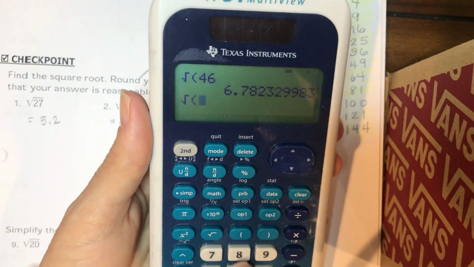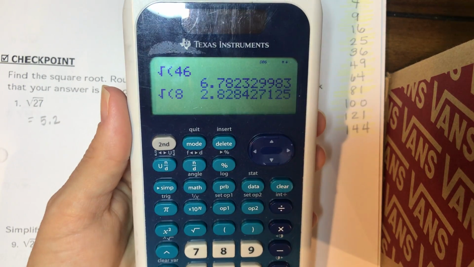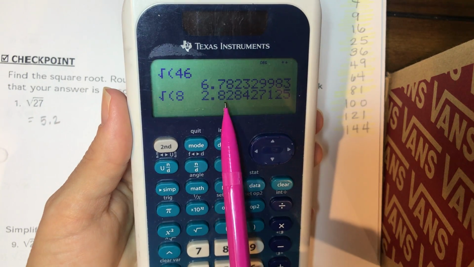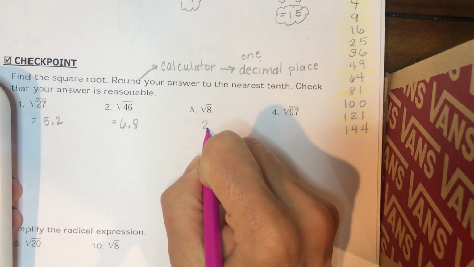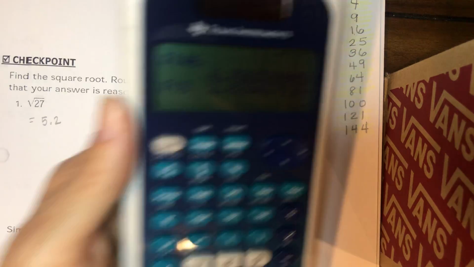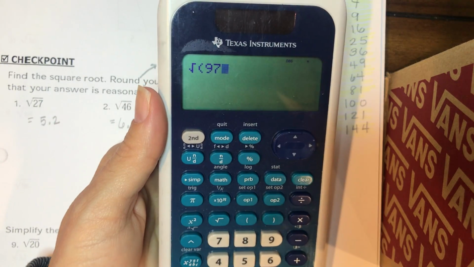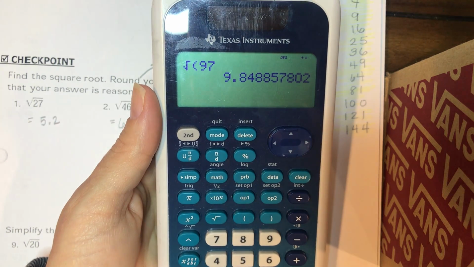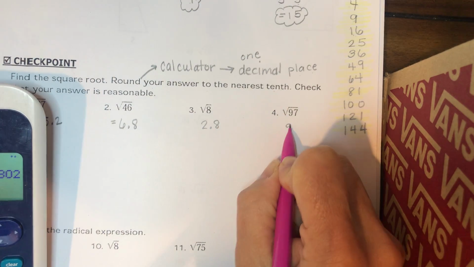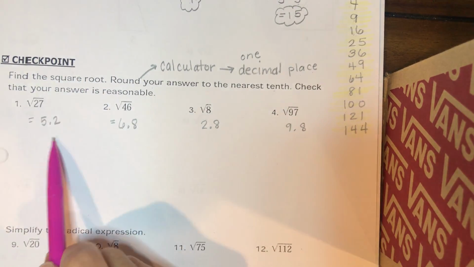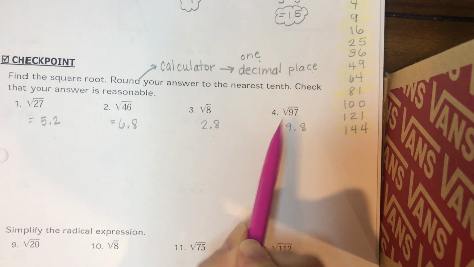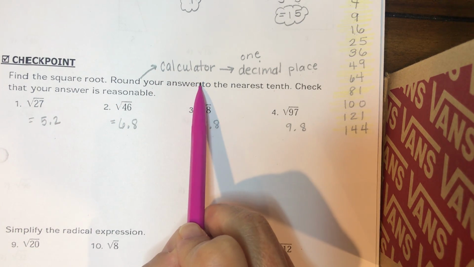Square root of 8 is 2.8. Square root of 97 is 9.8. So there's no reason to get any of these answers wrong because you are just using your calculator.